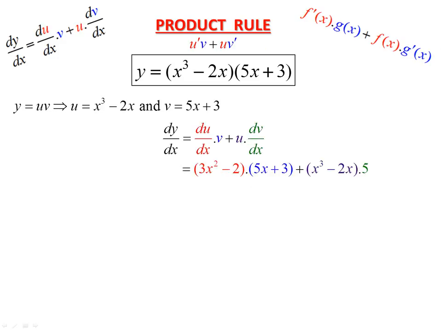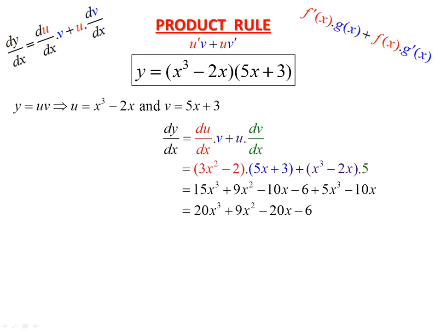So we expand it into this question. du by dx in red is 3x squared minus 2 because we've taken u and we differentiated x cubed minus 2x to 3x squared minus 2. And we've left v as it is, plus u as it is, times dv by dx, so we've gone to v and we've differentiated to give us 5. Simplify, multiply out the brackets, add like terms, and there we are.